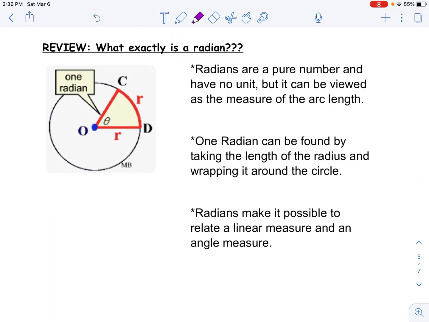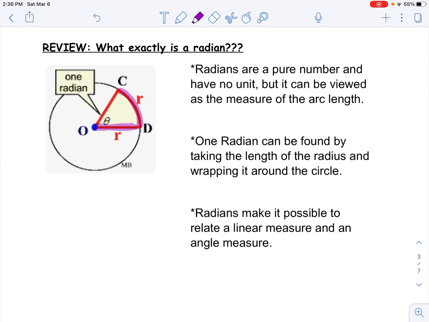Let's go over one more time what exactly a radian is. A radian is different than degrees, like 20 degrees, 30 degrees, 40 degrees. A radian is considered a pure number, and it doesn't have any units. But it can be viewed as the measure of the arc length. One radian can be found by drawing on the side of the circle that same length as the radius.